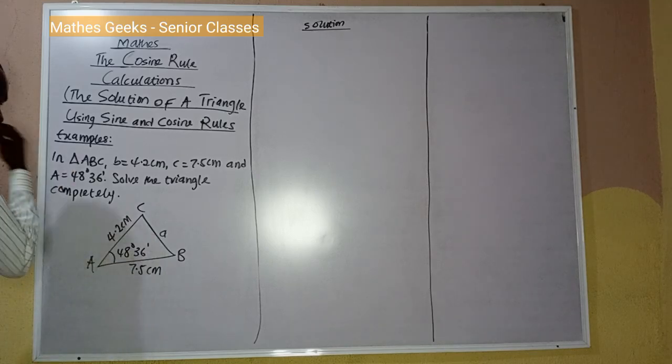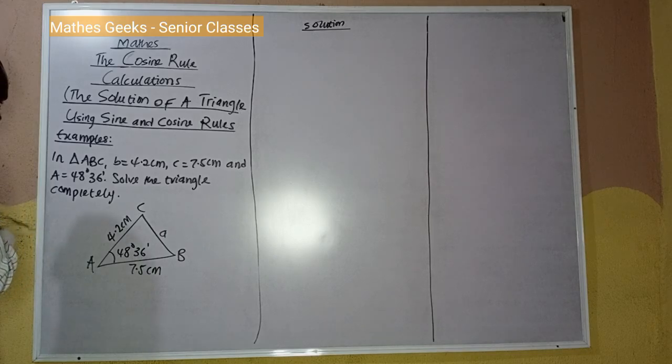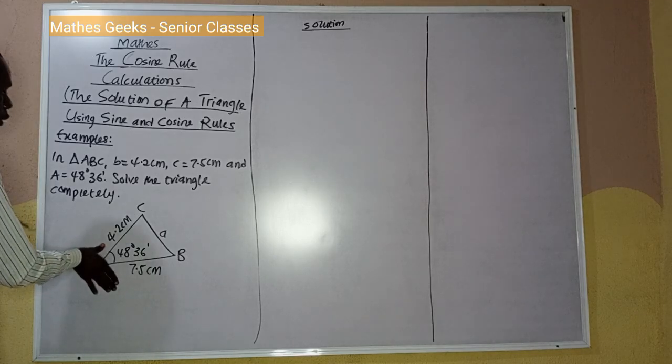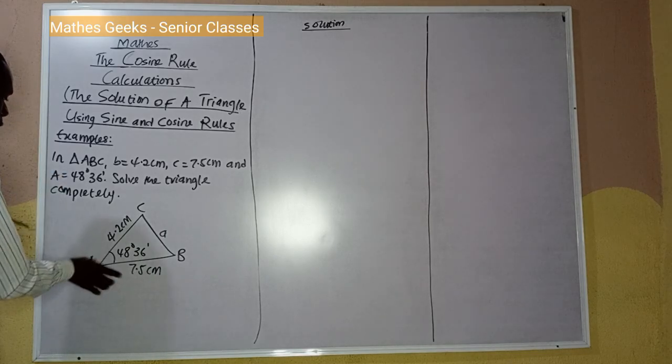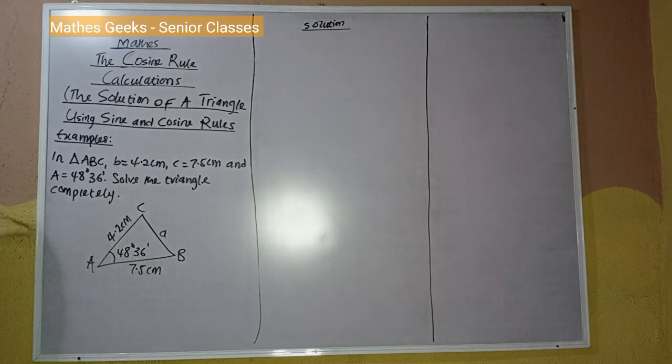So at this point we cannot use the sine rule because it's not going to be possible. So we're going to use the cosine rule, and taking this example, this will be the only time that we're going to use the cosine rule in this particular triangle. First, in any triangle, try to analyze if the sine rule is possible to be used. If it's possible, then use it first before you use the cosine rule. But if it's not possible, then use the cosine rule and then use the sine rule thereafter.